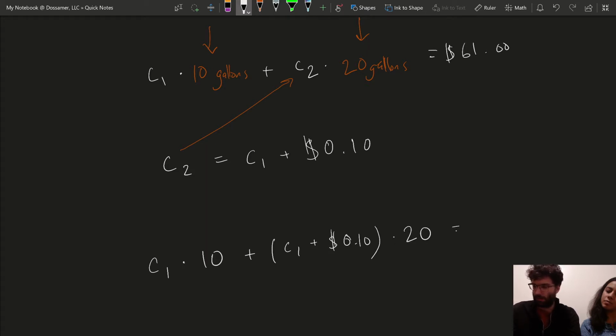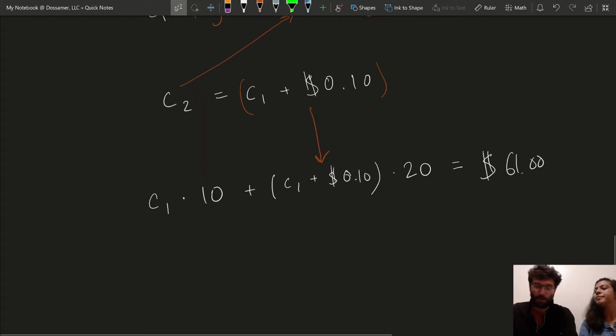Yes, so when we substitute, it's always good to keep things neat, to put everything in parentheses, the term that you're substituting in parentheses. So like you said, C1 plus 10 cents and 20 equals 61.